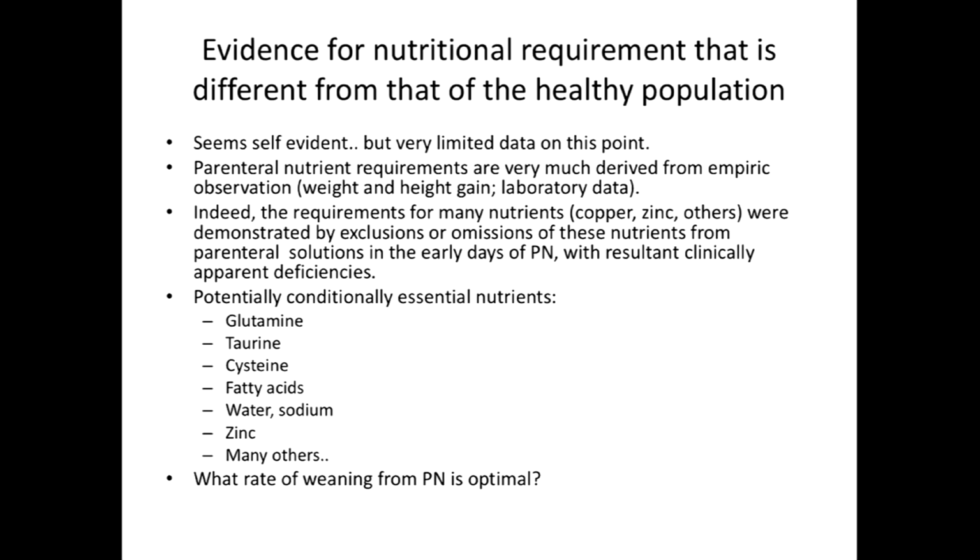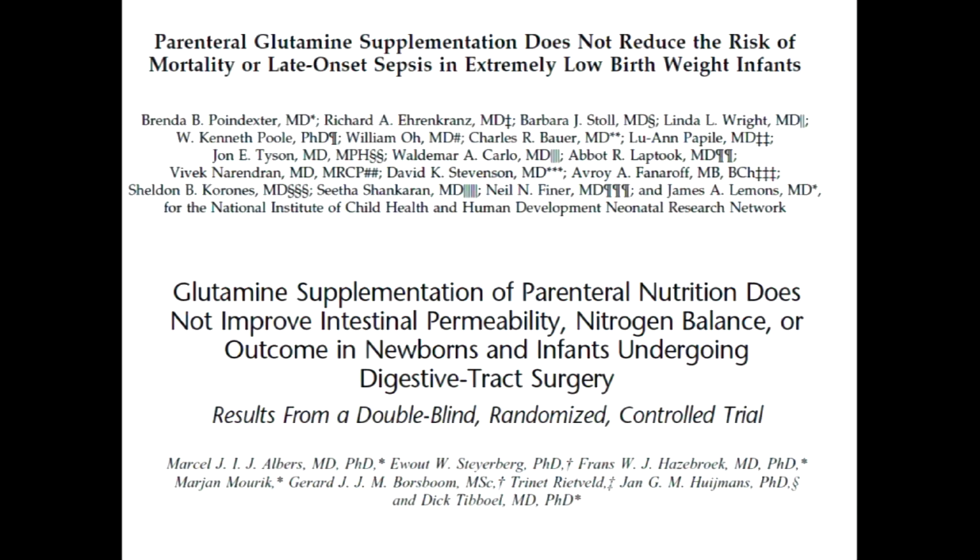We really don't know whether nutrient requirements differ in this regard when someone's transitioning from parenteral to enteral nutrition. We don't even know really what body composition patterns are optimally maintained with different macronutrient and energy combinations of parenteral nutrition.